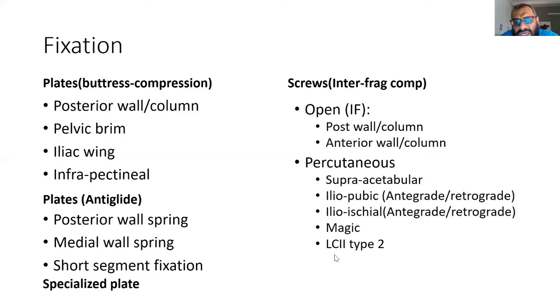The lateral compression type 2 screw is the fixation device for iliac wing fractures. So you start from the anterior inferior iliac spine up to the posterior superior iliac spine.